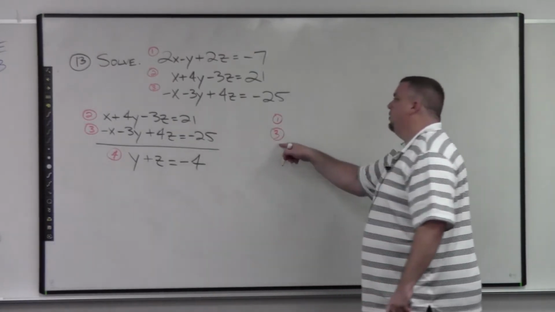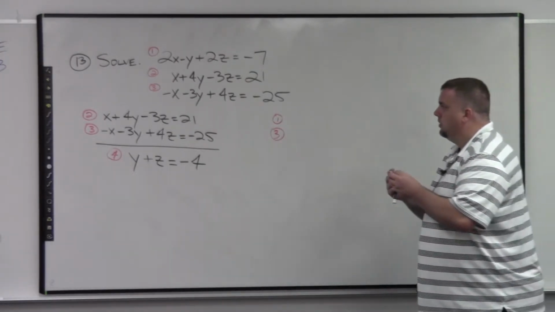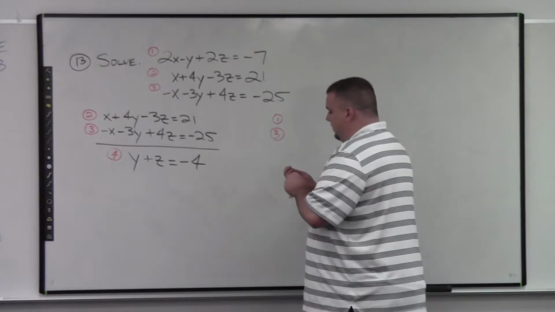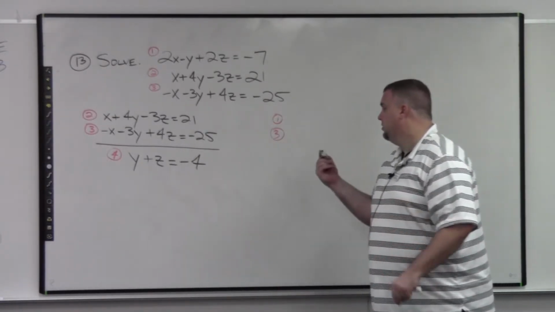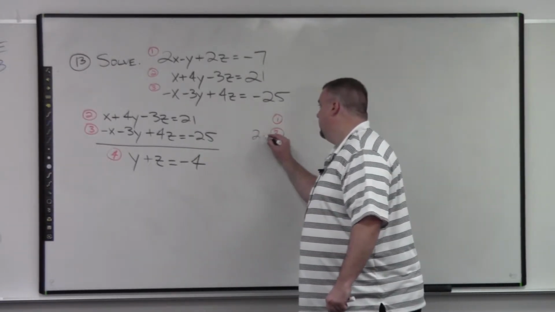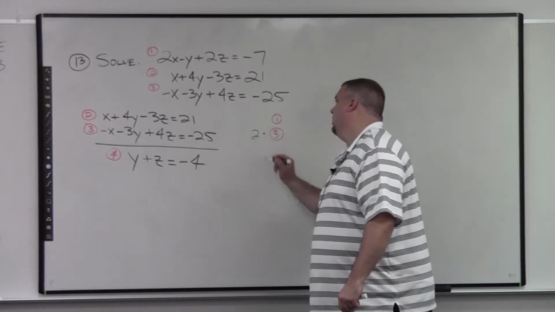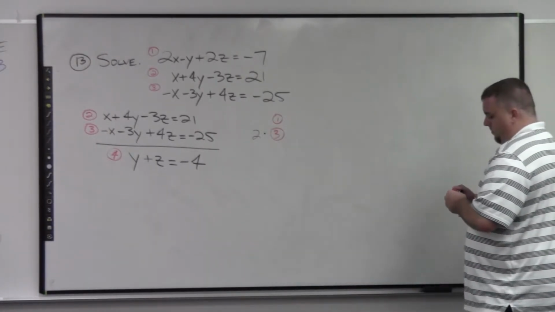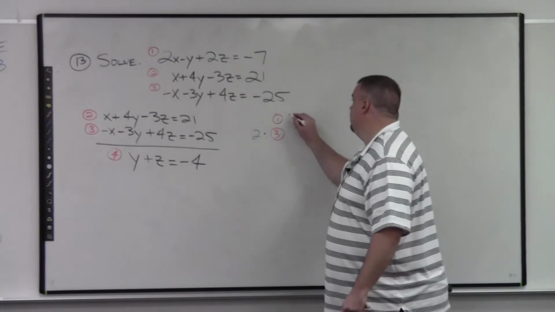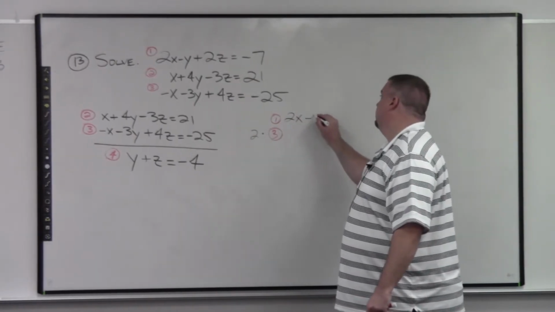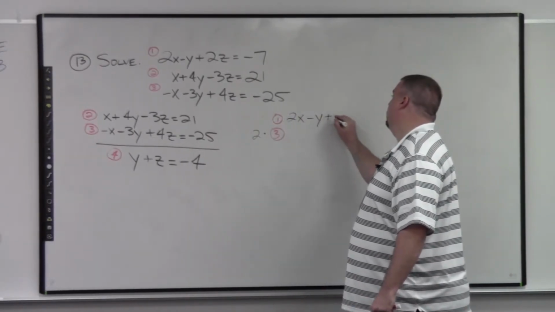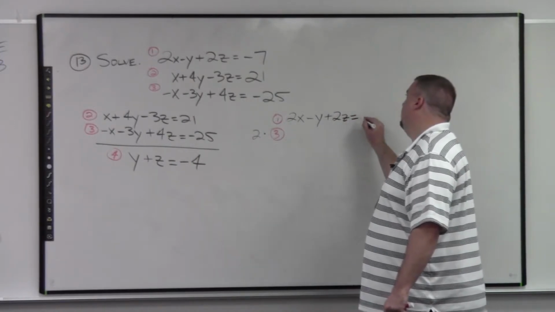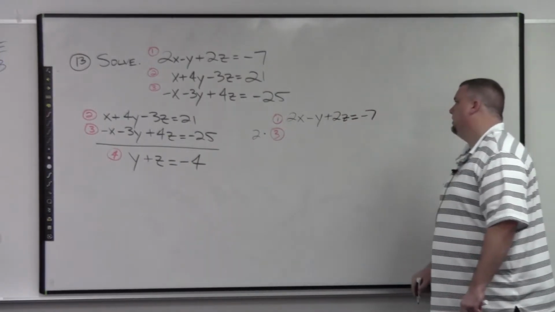What would we have to multiply equation 3 by so that it eliminates with 2x in equation 1? 2. So we're just going to multiply equation 3 by 2. Equation 1, 2x minus y plus 2z equals negative 7.